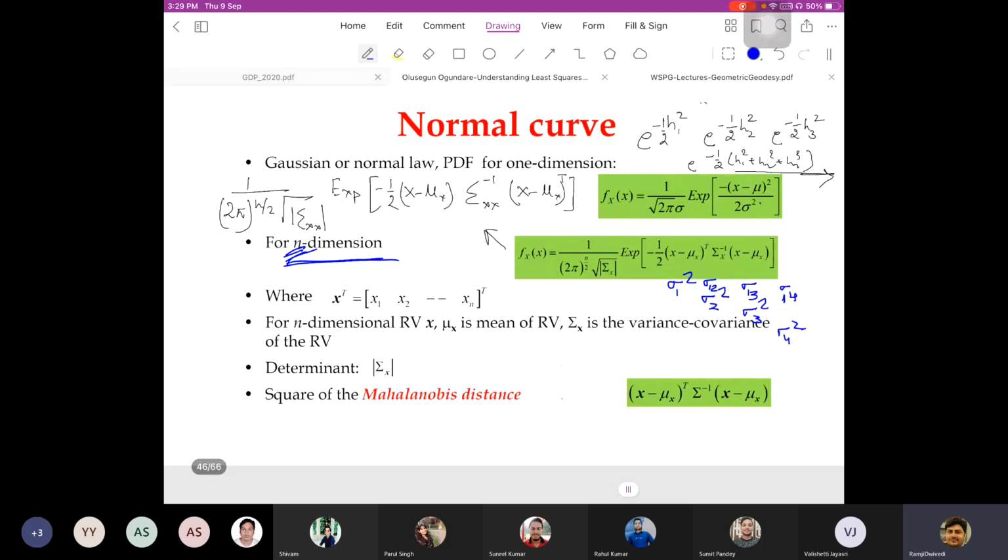Okay, so this whole set of values which we are writing becomes your variance covariance matrix. Please remember, the diagonal part are known as variances, the non-diagonal part are known as covariances.